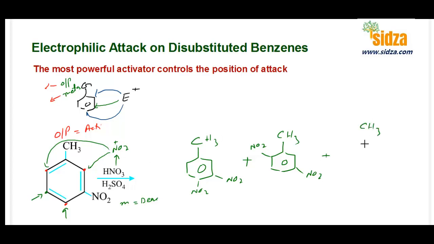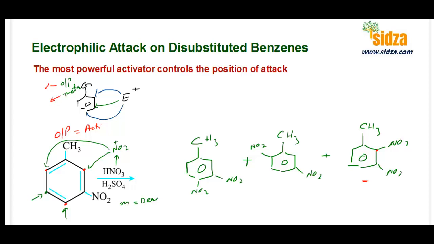But this third one, the last one, its percentage will be very small. The attack of the electrophile on this particular position will be a smaller amount. Why? Because we have two methyl groups, there is more crowding over here, so steric hindrance is more around here. That means this will be relatively lesser in quantity. These are the two important major compounds that you get from this one.